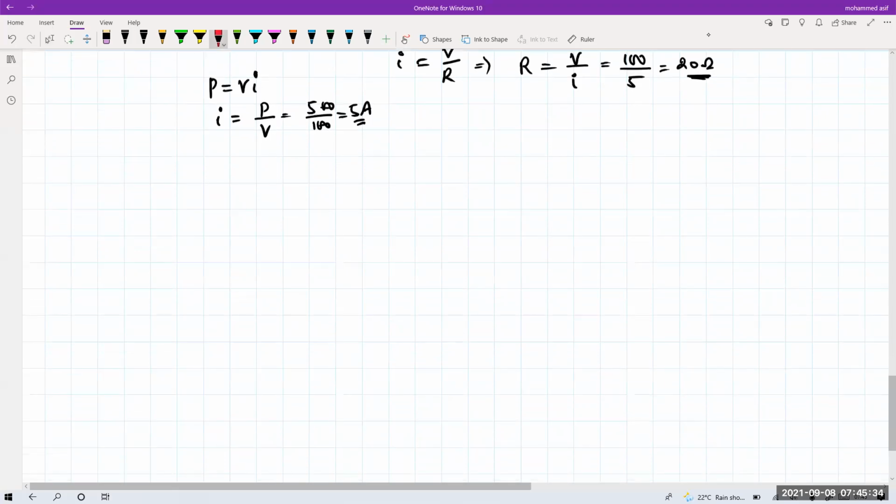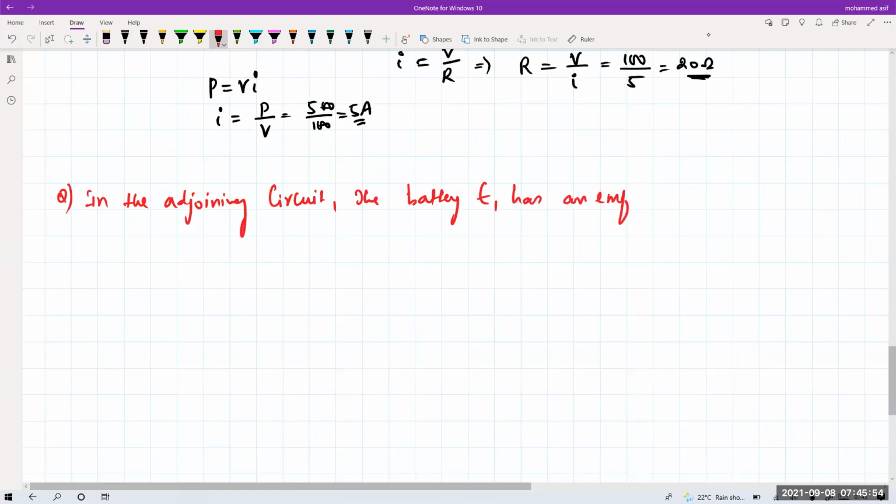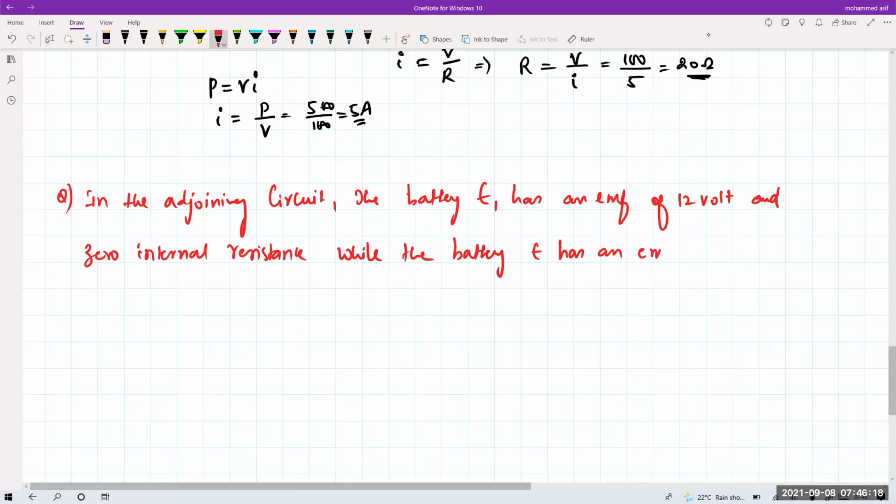This question is right on the lesson. In the adjoining circuit, the battery E1 has an EMF of 12 volt and zero internal resistance, while the battery capital E has an EMF of 2 volt.